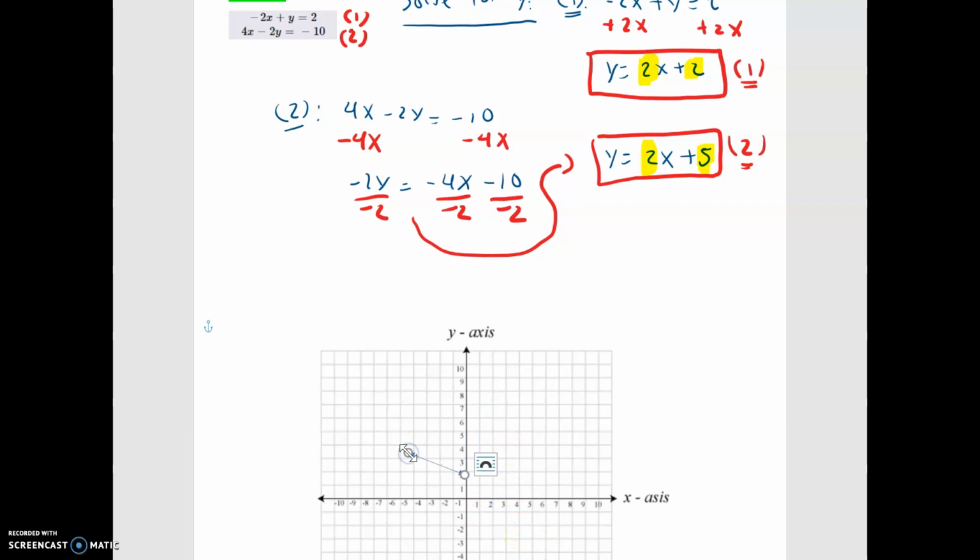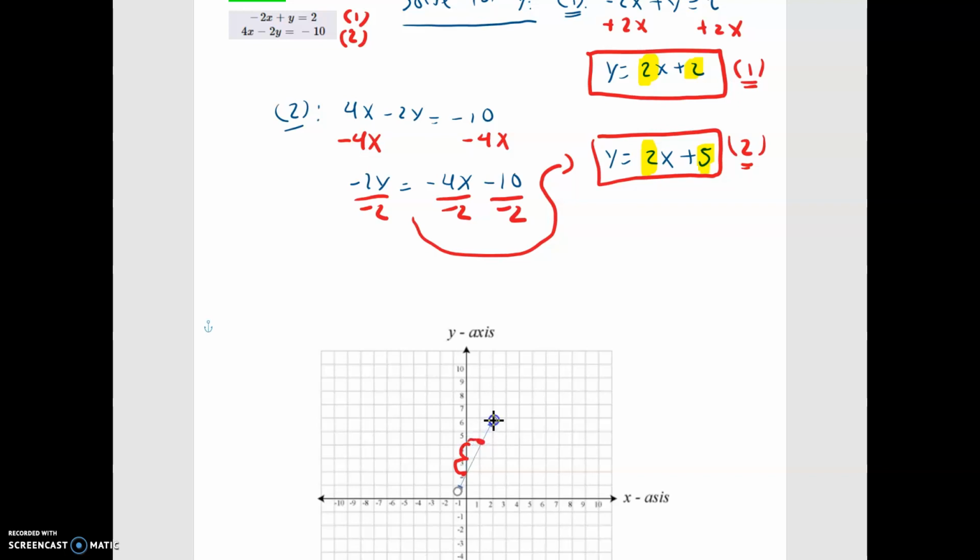So actually, let me put the dots. So y-intercept of 2, let me move the line. And slope of 2, 1, 2, and 1. Okay, so our line is going to go through those coordinate points.